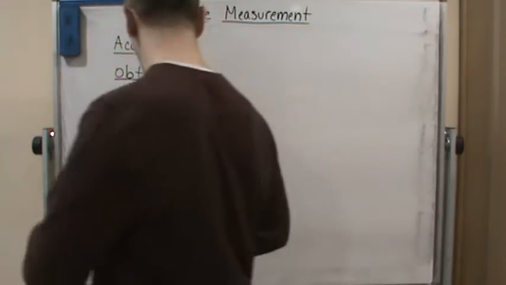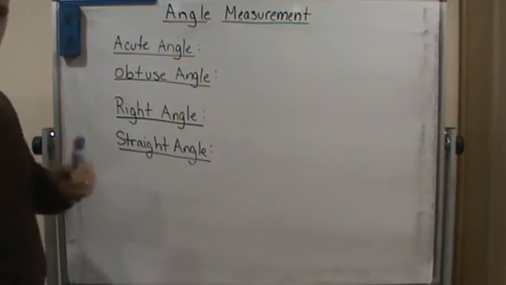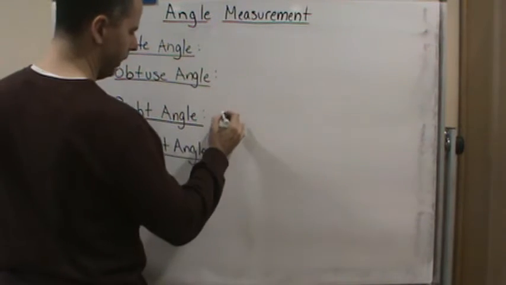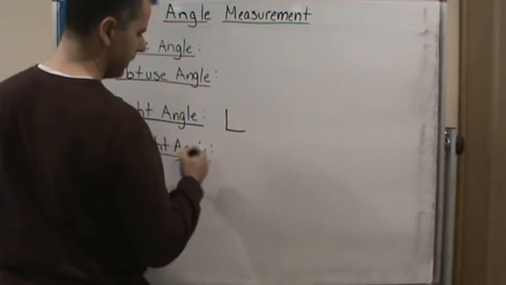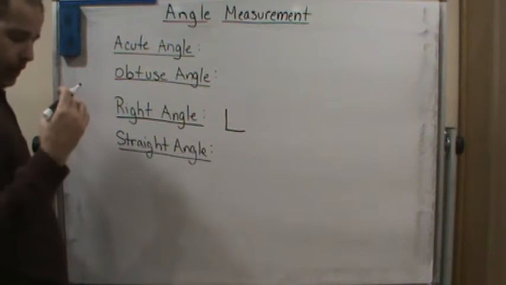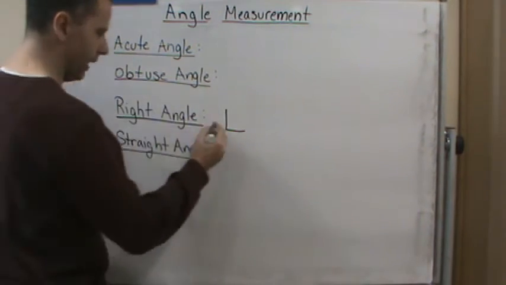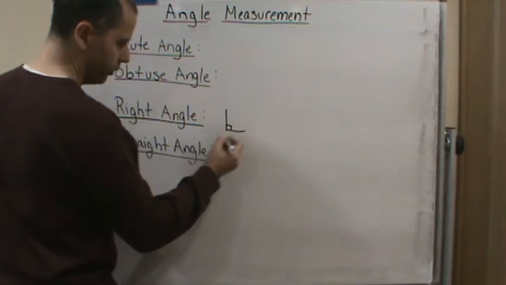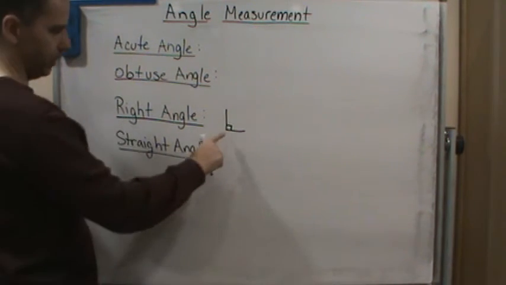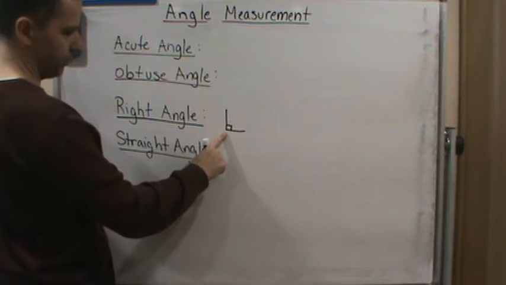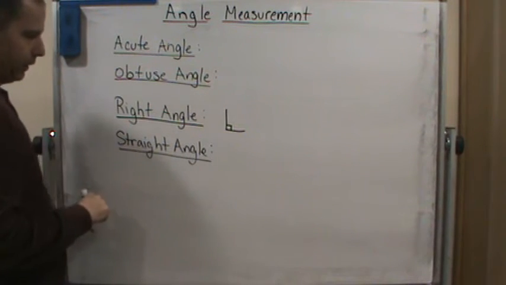And of course, we always use symbolism to show that, because otherwise we can't really assume that it's a 90 degree angle. So we use this square angle in the middle of our angle symbol. This would represent a right angle.